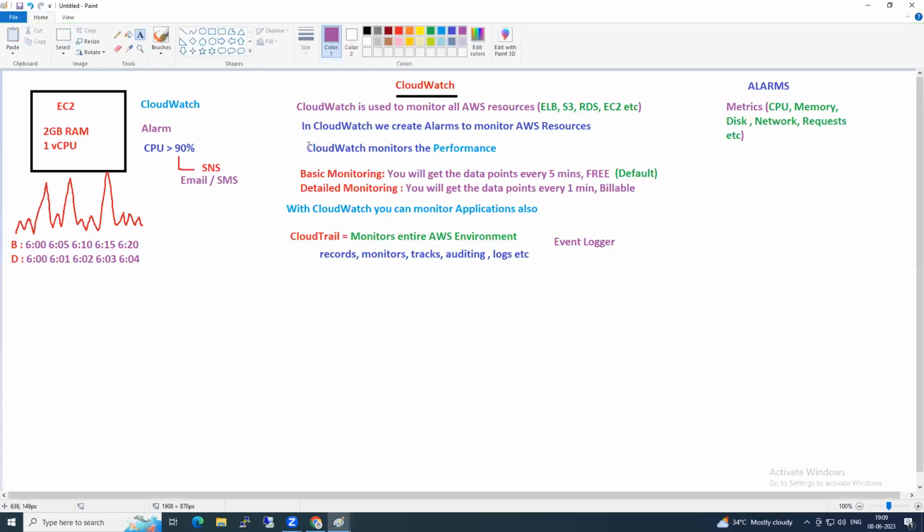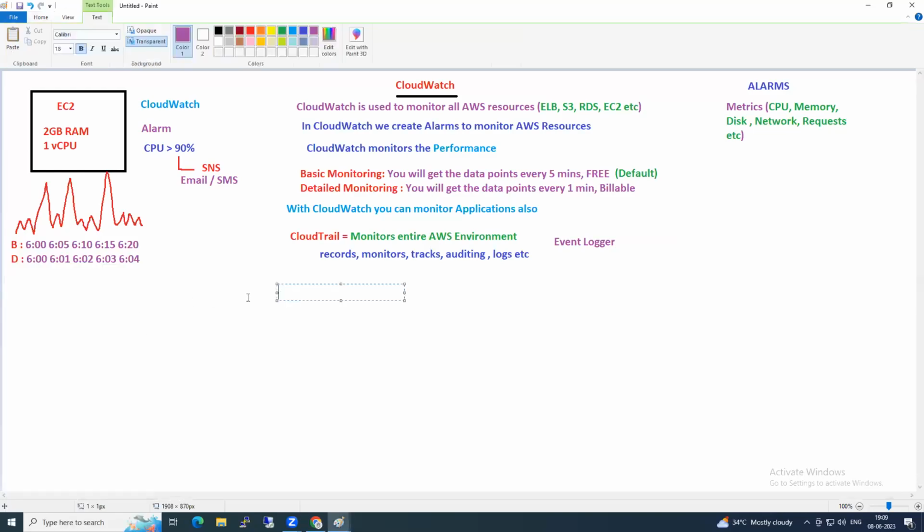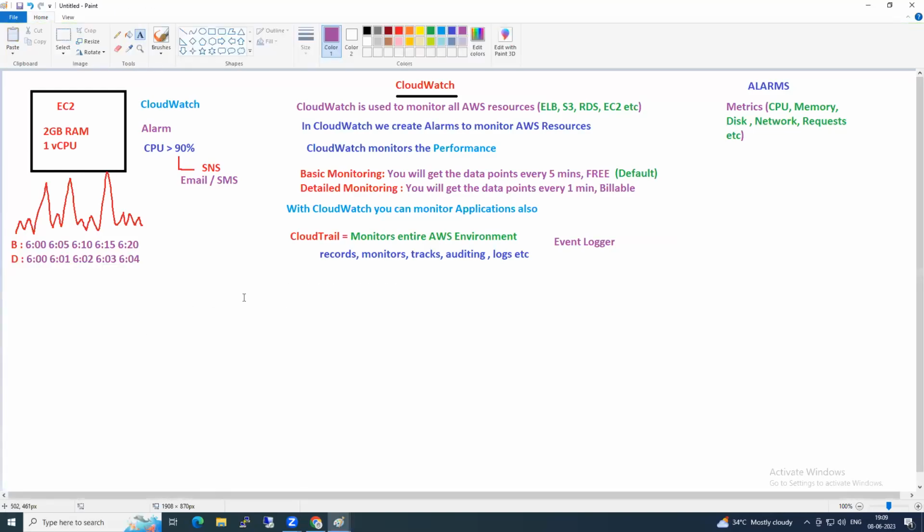Guys, in your laptop, there is something called event viewer. Do you see event viewer in a laptop? So what does that event viewer do? Whatever you do in your laptop, everything gets recorded over there. All events will be recorded over there. Same way in AWS, which is the service where everything will get recorded? CloudTrail.